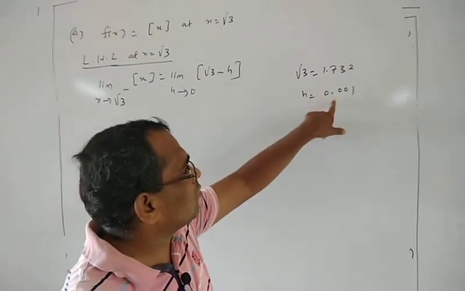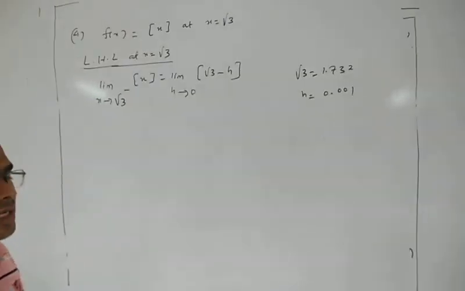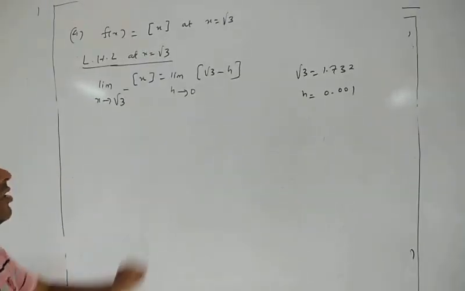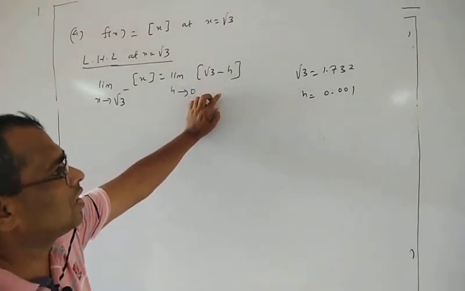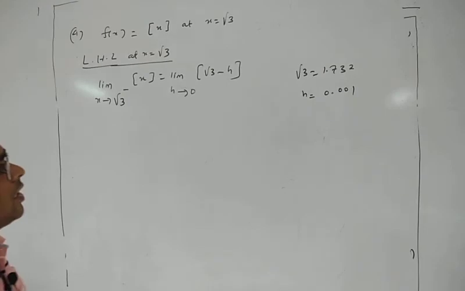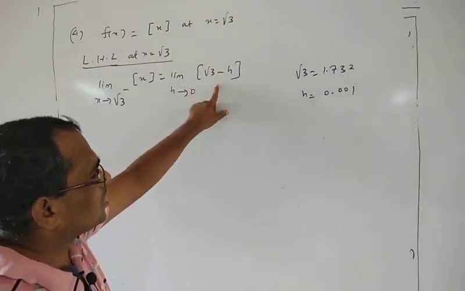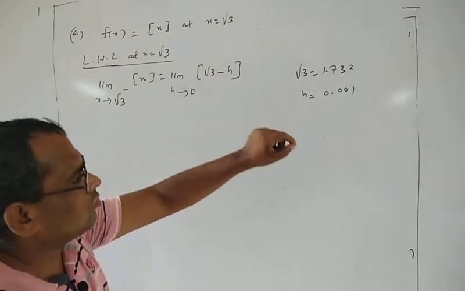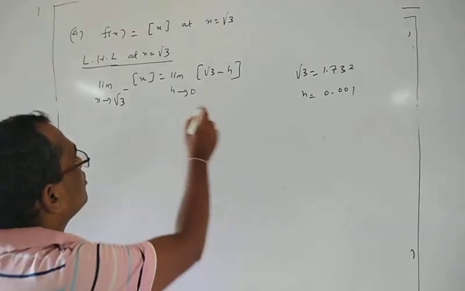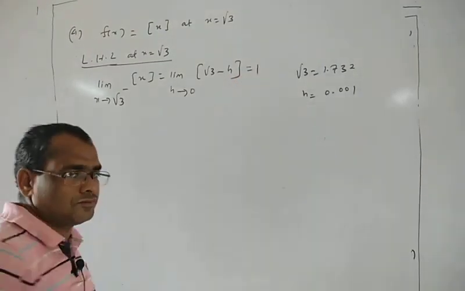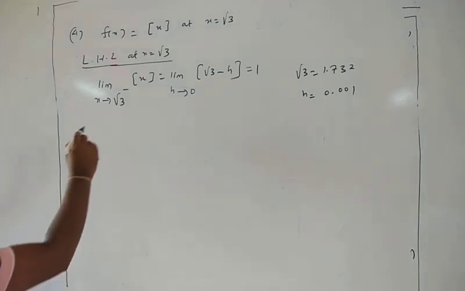So 1.732 minus 0.001 will be 1.731, that means 1 point something. So the bracket function of 1 point something is 1. So left hand limit is 1. What is the right hand limit?